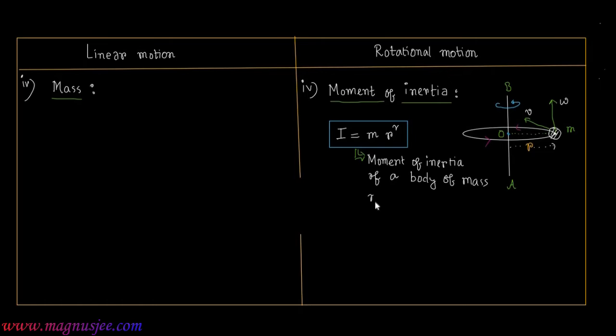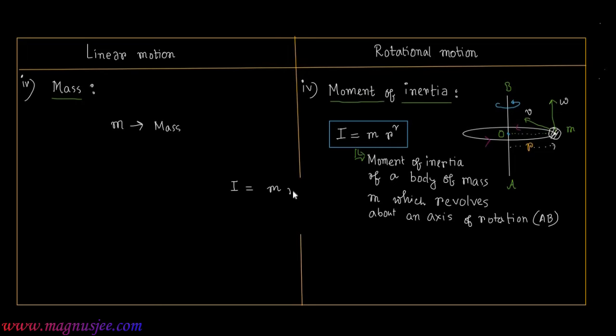Moment of inertia of a body of mass m which revolves with the angular velocity omega about the axis of rotation AB. On the left hand side, m is the mass of the body, and the common relation between them is I equal to mr square.